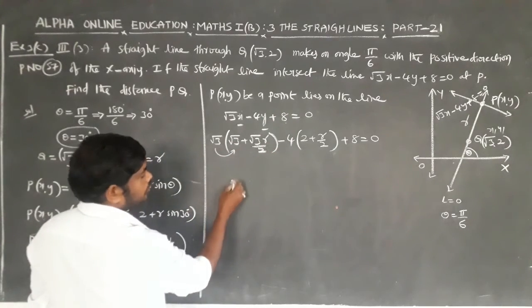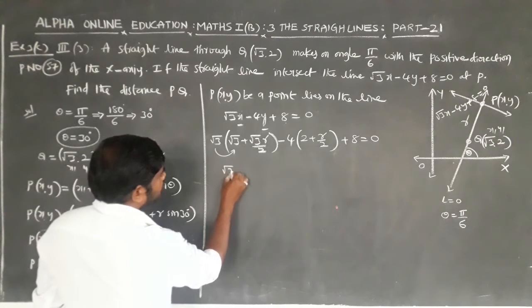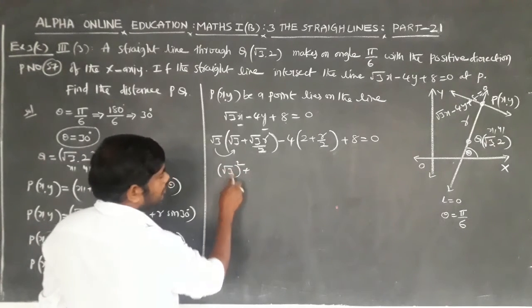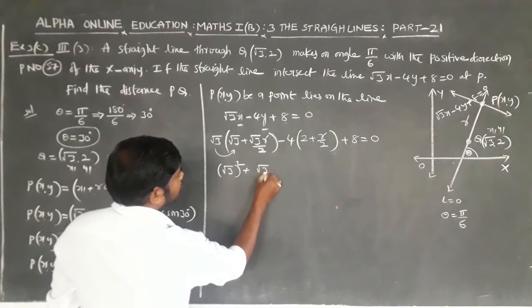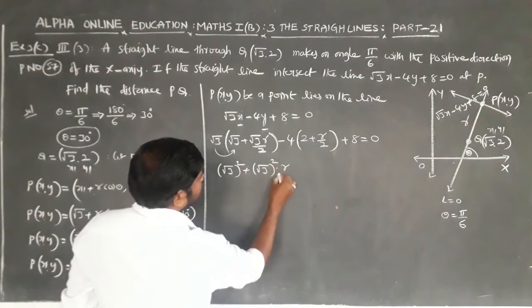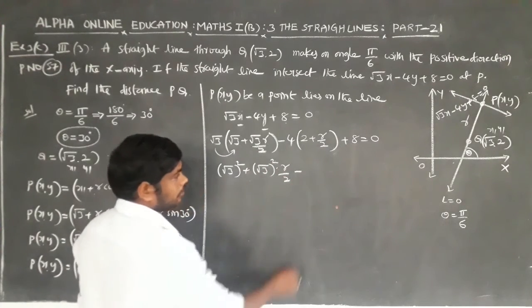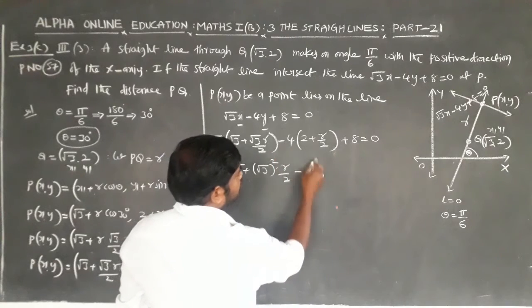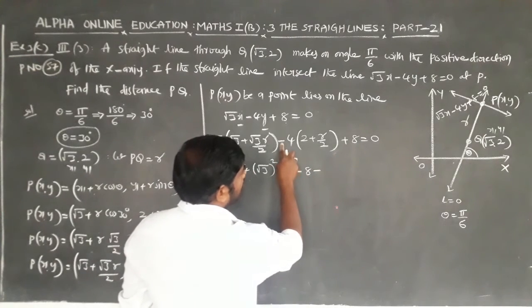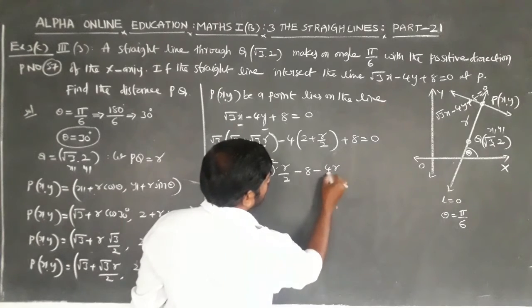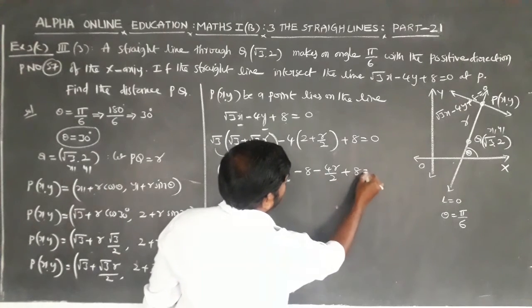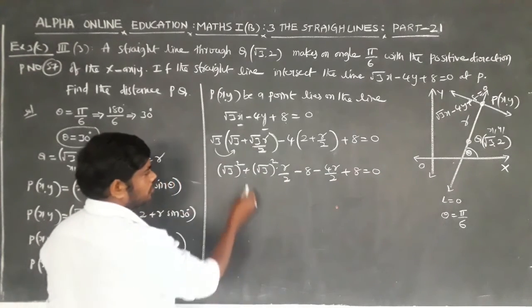Root 3 into root 3 is root 3 whole square, plus root 3 into root 3 whole square into R by 2, minus 4 into 2, minus 4 into R by 2, plus 8 is equal to 0.